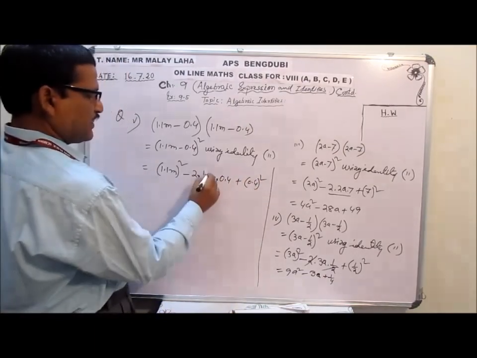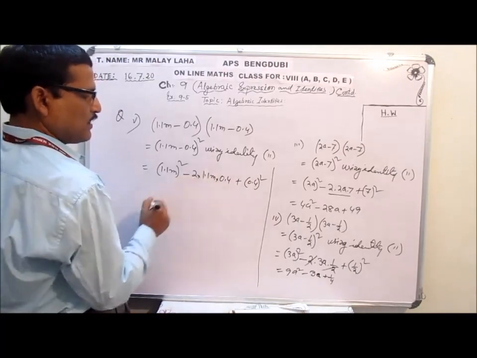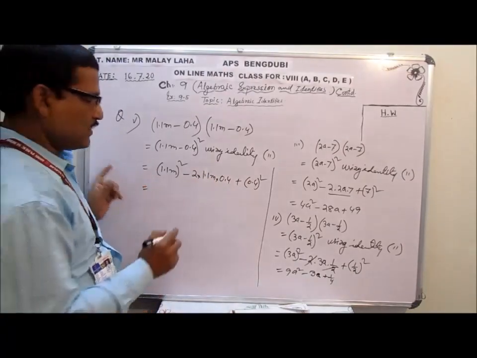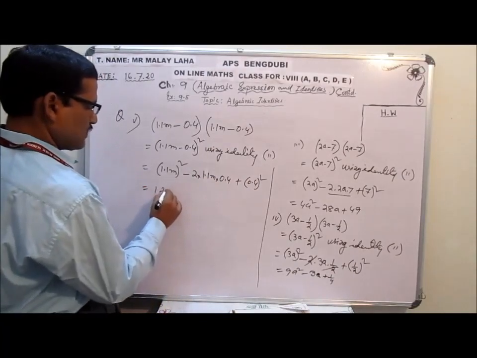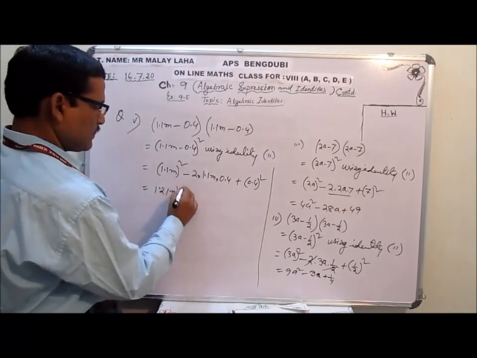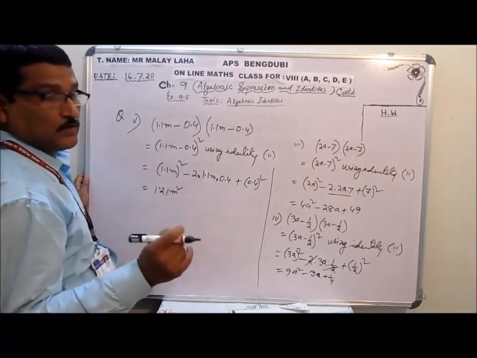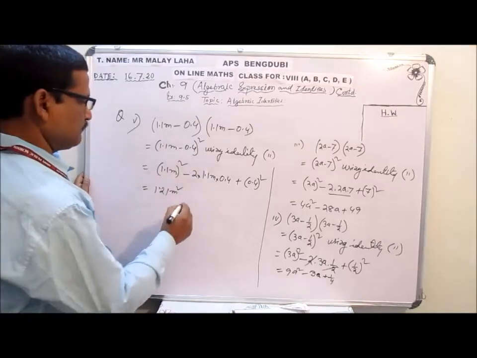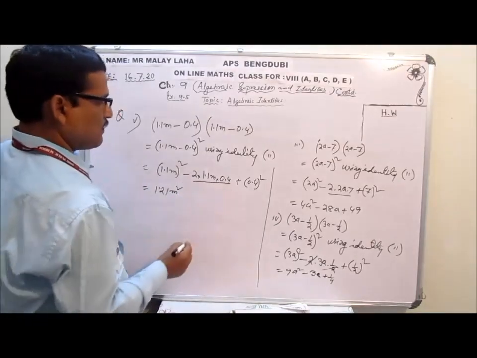For your understanding, here I have given the proper multiplication sign. So 1.1 whole square means 11 whole square. 11 whole square is 121. So 2 place decimal, m square. That's why I told you, remember, you have to memorize the table of squares from 1 to 30. What is the product of these two numbers?